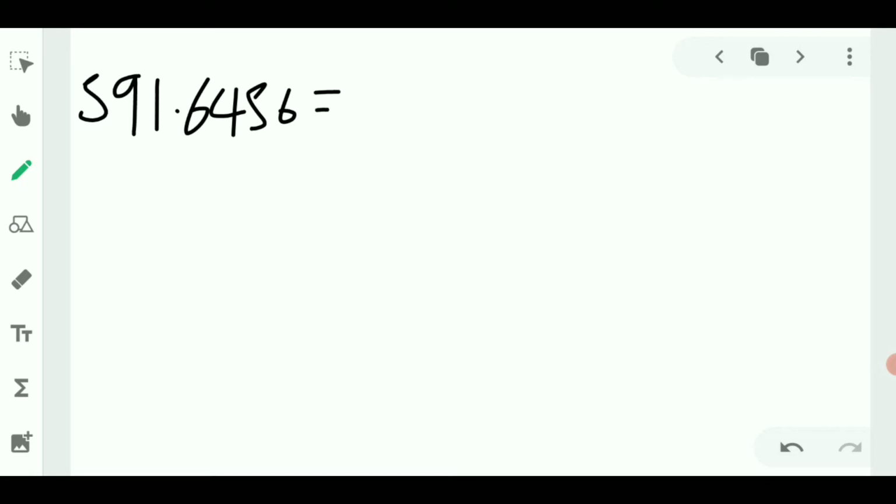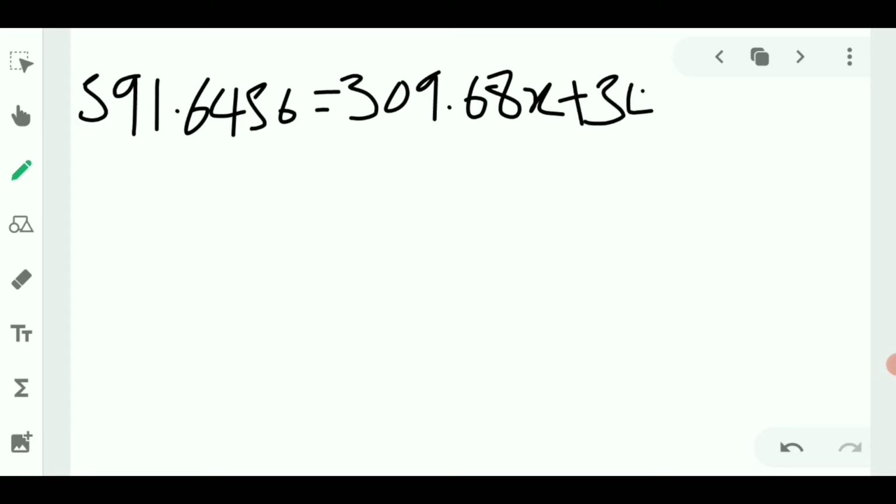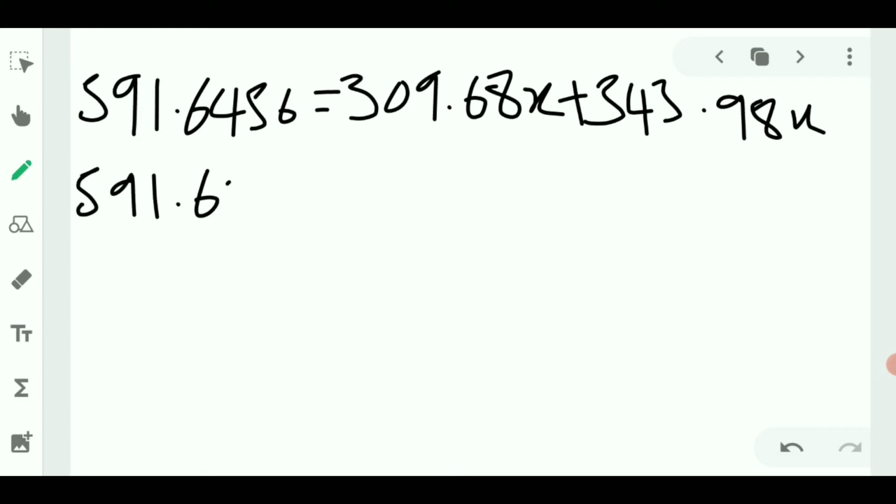When you add those like terms, you still have the 591.6456 on one side.